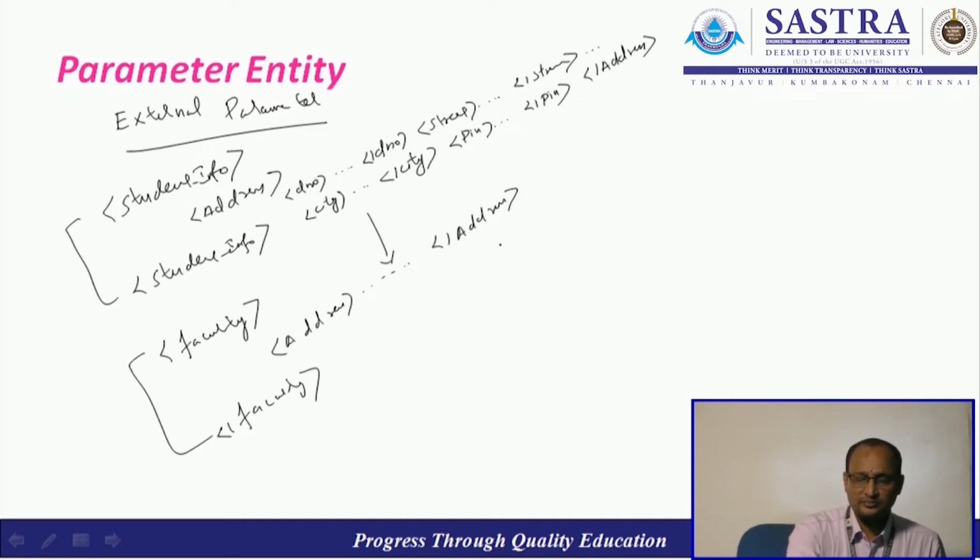Before that, if I am writing the DTD, actually the DTD has been split into two. This is defining the DTD. Within the DTD, I am defining student info and faculty.